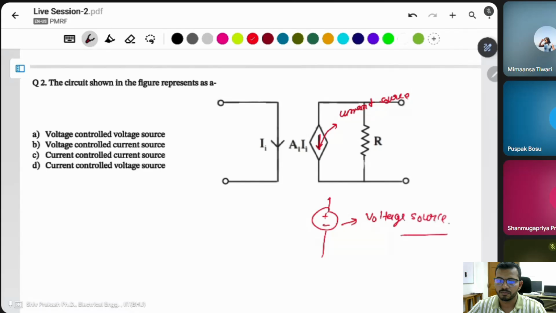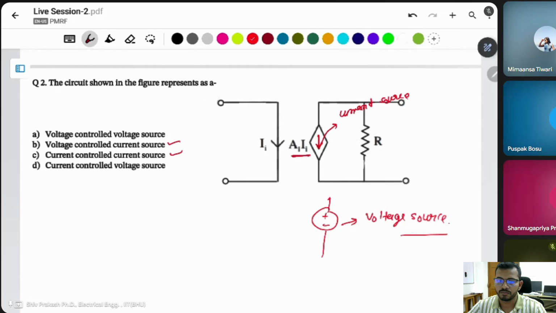Okay, here is the arrow. It means this is denoted as the current source. Then there are two types, voltage controlled current source or current controlled current source. After that you have to observe what the variable is in this case.